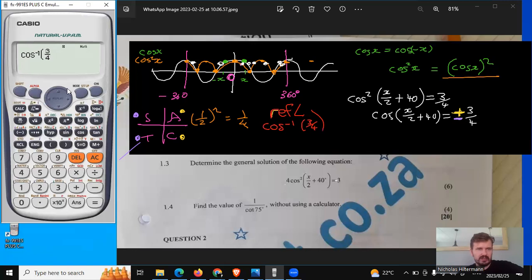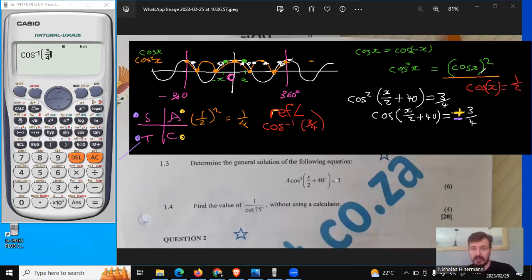Yes. So 3 over 4 is the ratio, so cos of an angle equals 3 over 4. If you're given the ratio, that's why we need to find the angle. It's like a simple trig question: if they give you cos x equals 1 over 2, what is x? To get x, we do cos to the minus 1 of 1 over 2.